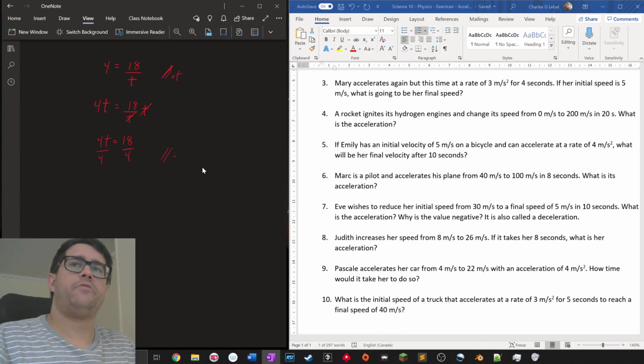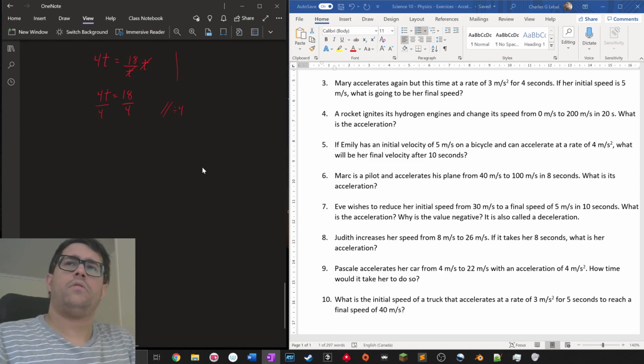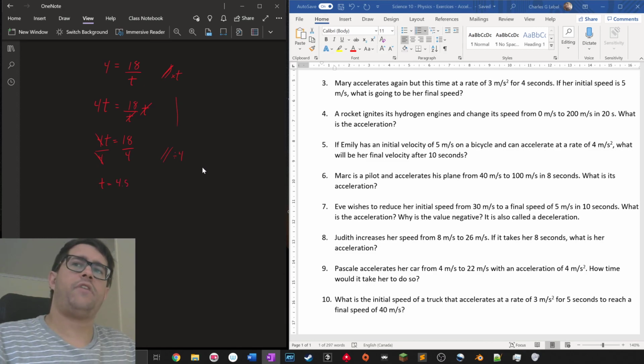Right, so I'm dividing by 4. You don't need to write this. This is my note. 4 and 4 go away. You're left with t equals 4.5. Because it's your answer, you should write your units, seconds. That's it.